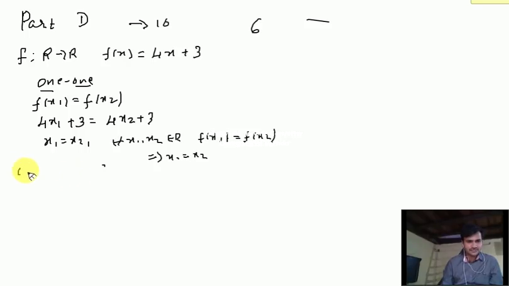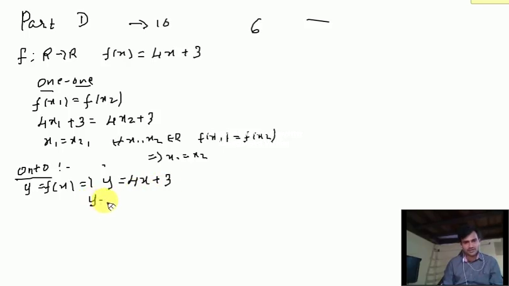Similarly, you can prove this function is an onto function. For onto, you need to assume y equals f of x, so y equals 4x plus 3. Now we need to find the value of x. We shift the minus 3 to the left hand side, and y minus 3 divided by 4, then x equals this.